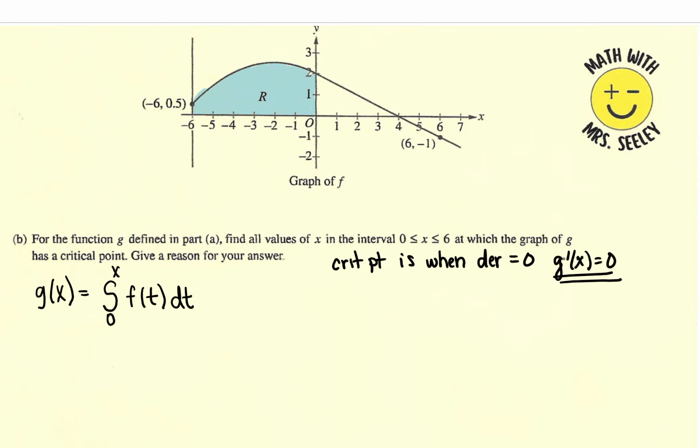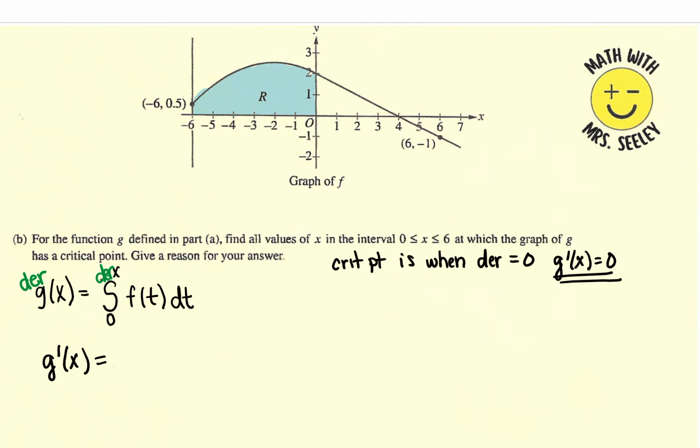So I need the derivative of g. So if this is g right here, I need the derivative of it. If I take the derivative of this side, I would need to take the derivative of that side. So g prime of x, I would take the derivative of this.